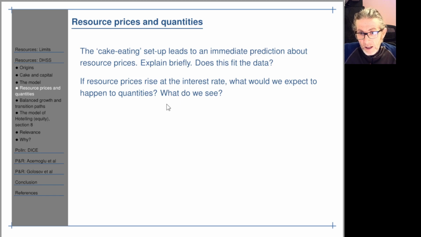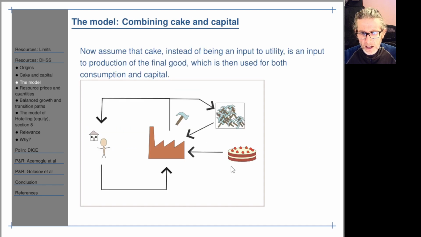If its price is rising too fast, then everyone wants that asset. Everyone's like, oh wow, this asset price is rising super fast, let's buy this asset. Everyone wants to buy it, the price will jump up instantaneously, and again we jump to the right path. On the right path, the asset price has to grow at the interest rate. This is all with perfect markets, perfect information, and so on. And crucially, zero extraction costs, right? This is cake.